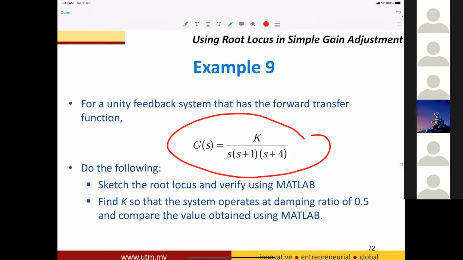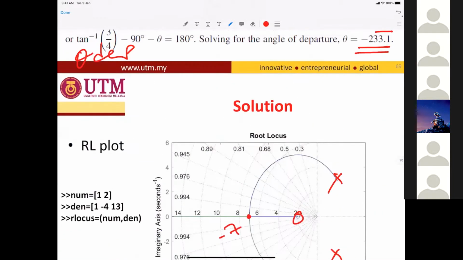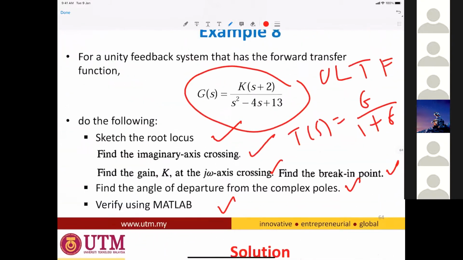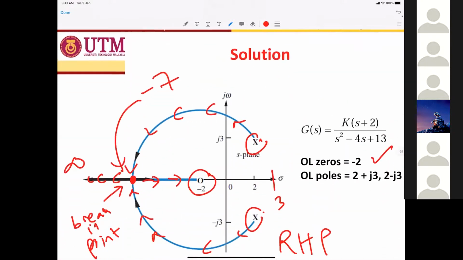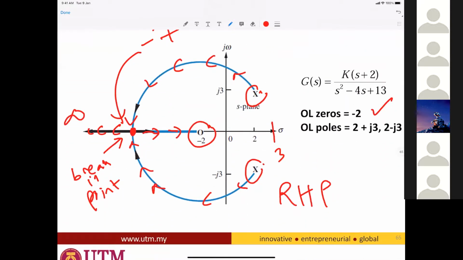Any questions? Doctor, can you go back to example 8? One slide after this. I want to ask about the 180 degrees.